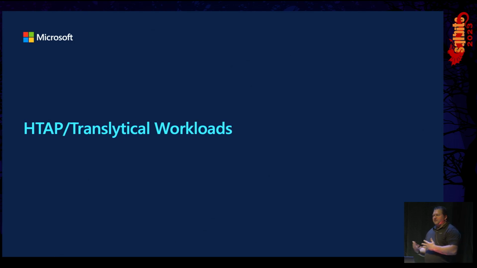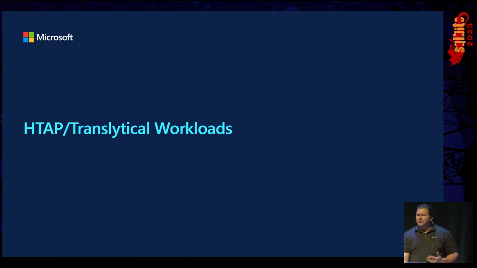That's why I like the translytical term better, because translytics really is that melding of transactional and analytical. How can we do both of these workloads effectively with a single engine with zero or minimal data duplication, or even just the necessary data duplication?